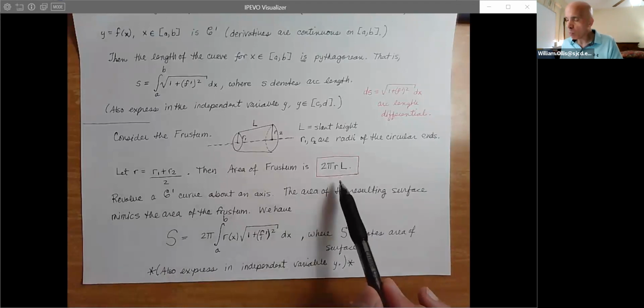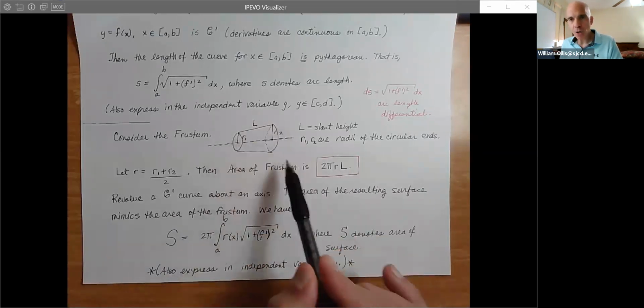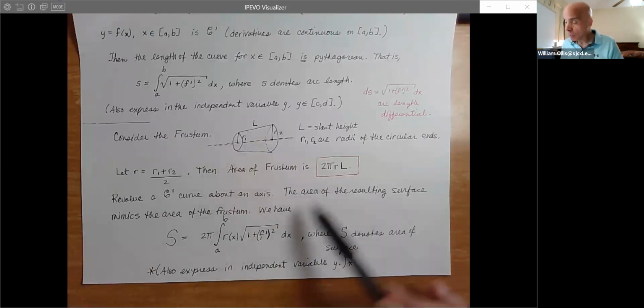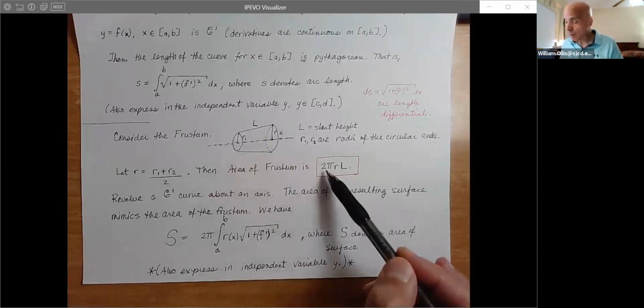That is, now we use the geometry of the truncated cone to evolve a formula for the area of a surface, whereby the surface is generated by revolving a curve about a specific axis. So remember, in the shell method, we have distance to the axis of revolution. We have the same thing here in the area formula. So again, R, R, L, element of arc length, 2 pi.